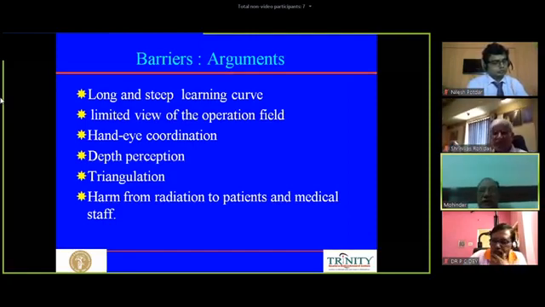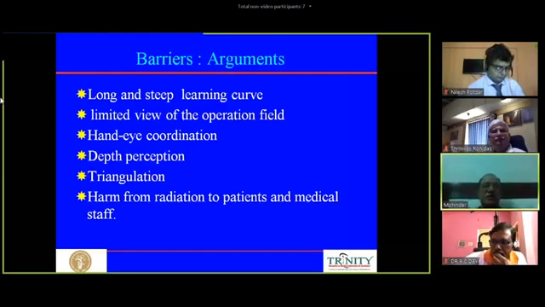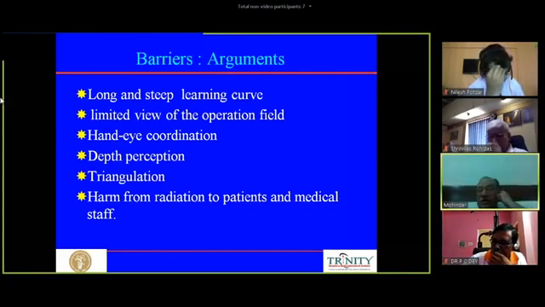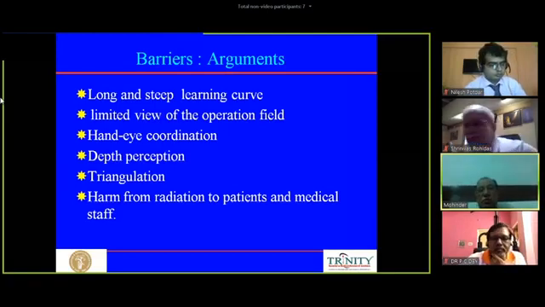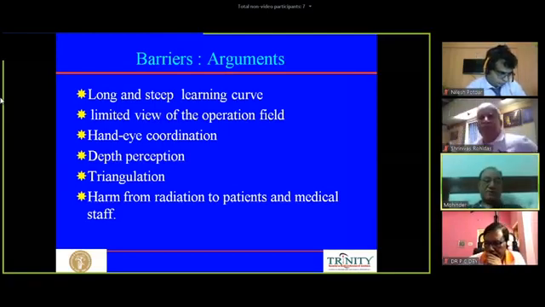And triangulation. Luckily, the Destandau system is a system where triangulation is inbuilt. You don't have to struggle for triangulation. And just for the knowledge of my colleagues, triangulation is the ability of the surgeon to bring instruments into the field of view, in front of the endoscope. We arthroscopic surgeons use this term because we have different ports for the arthroscope and a different port for the working instrument.